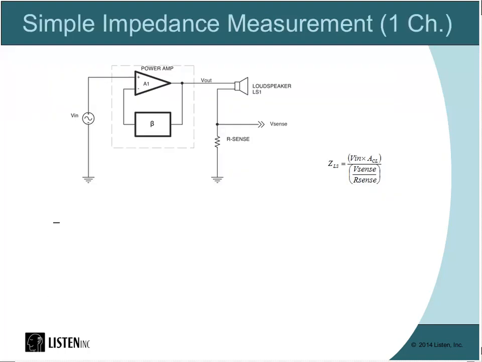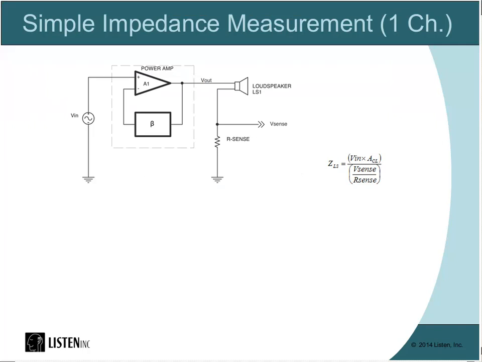So let's just review the theory. This is just a simple circuit diagram of a signal generator, V-in, to a power amplifier with a feedback loop, and then, of course, the amplifier amplifies the signal to V-out, which gets measured across a loudspeaker and a sense resistor.